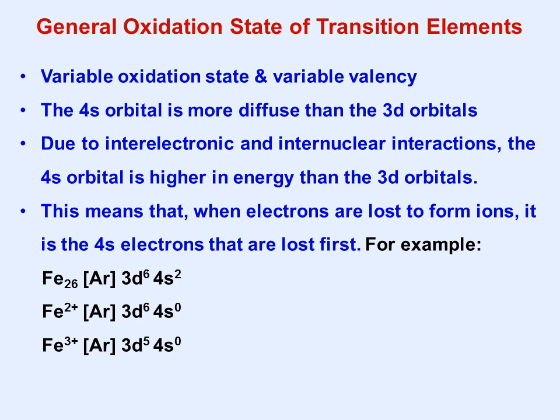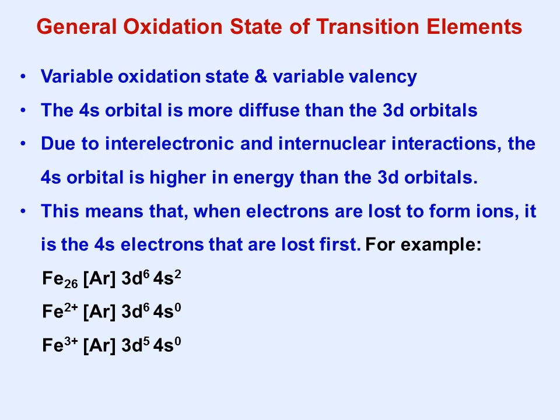The electrons leave in respective successive steps. When ferric ion, that is tri-positive cation, is formed, then the electrons are lost from the d subshell, that is the penultimate d subshell.